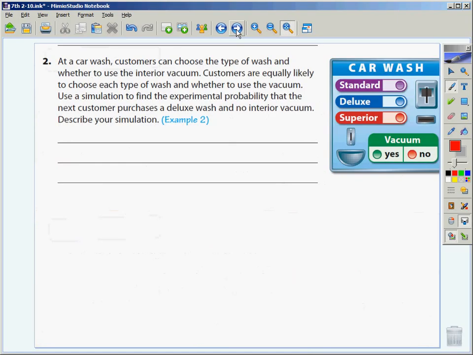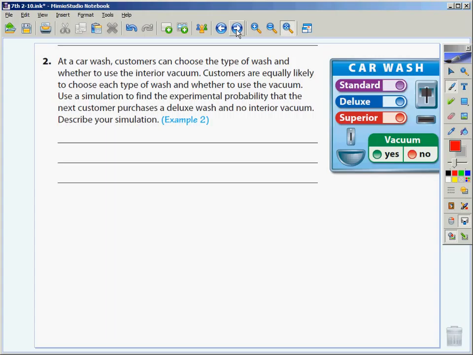I want you to flip to the guided practice and look at number 2. At a car wash, customers can choose the type of wash and whether to use interior vacuum. Customers are equally likely to choose each type of wash and whether to vacuum or not.